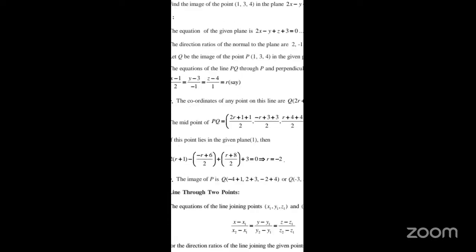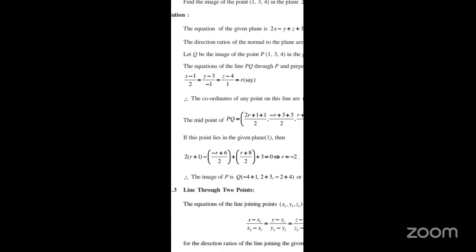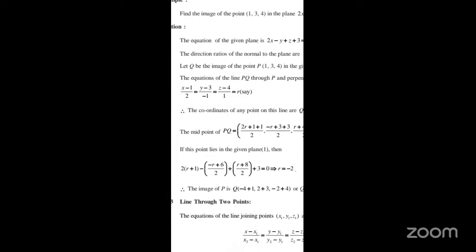The symmetrical line is, say, small r, and write the coordinates of the point on the line, that is 2r plus 1, minus r plus 3, and z minus 4 by 1 equal to r.